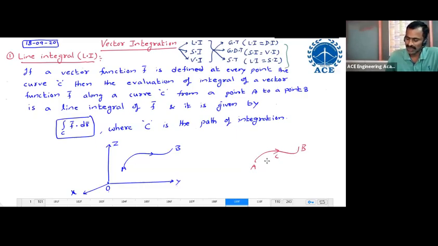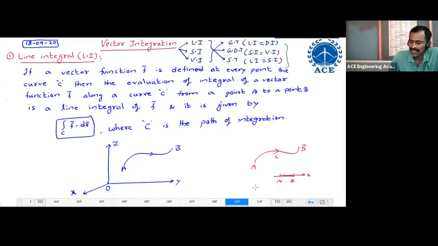So this is a space integral. That is why it is a line integral. Suppose the curve is along the x-axis or y-axis or z-axis, then it is the same as the coordinate integral, that is, the ordinary definite integral.